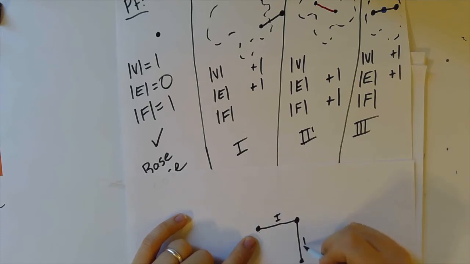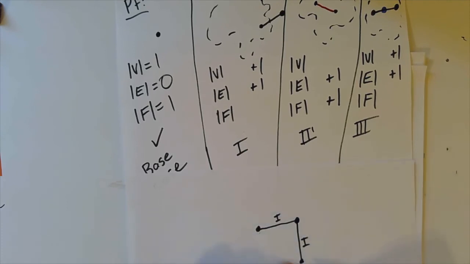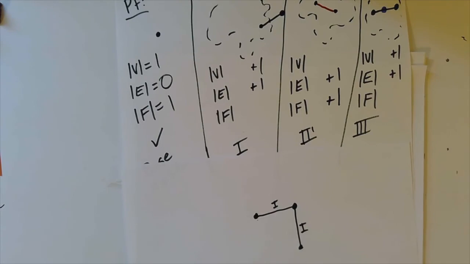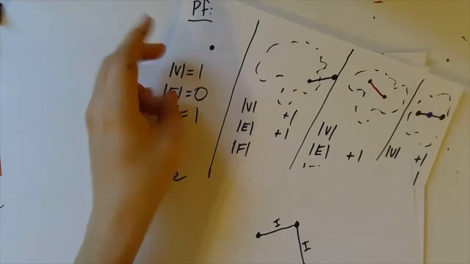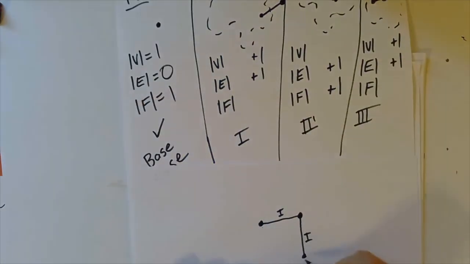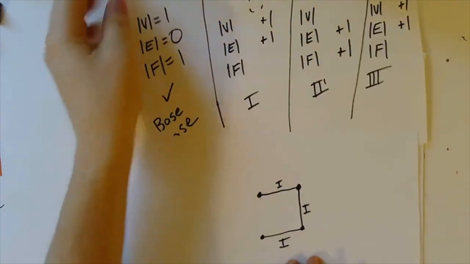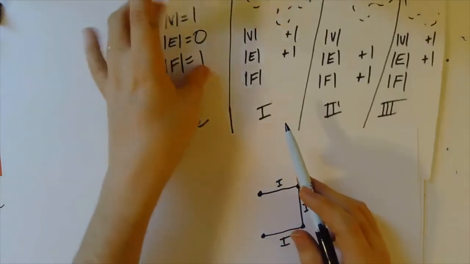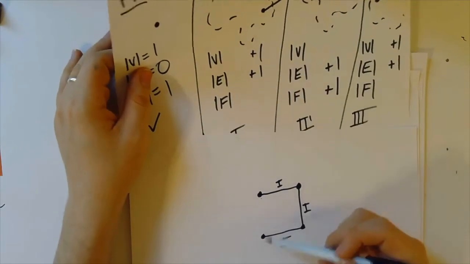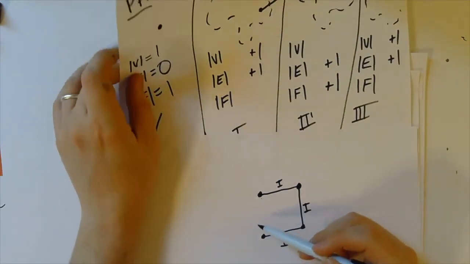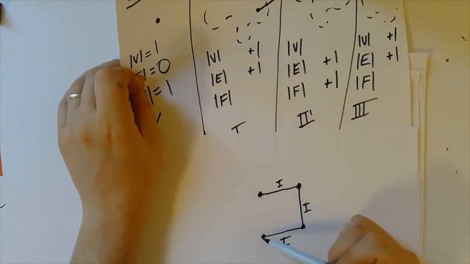So that is step 1 again. This still satisfies Euler's theorem. Okay, I'm going to now do that one more time. This still satisfies Euler's theorem. And so far, all I've done is use the thing I called 1, where I grab a vertex I already have, and then put on a new vertex and attach it to that.